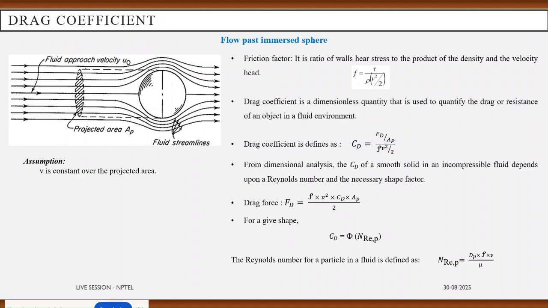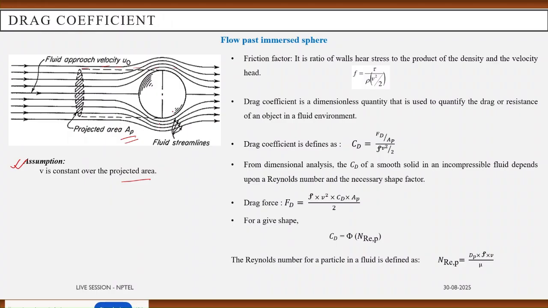Now if we consider the projected area of the sphere, it is AP. You can see the fluid streamlines follow a path around the sphere. The initial fluid velocity is u naught or v, and we are assuming that the velocity v is constant over the projected area.